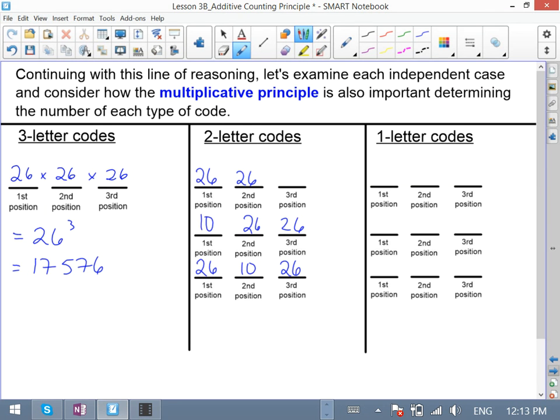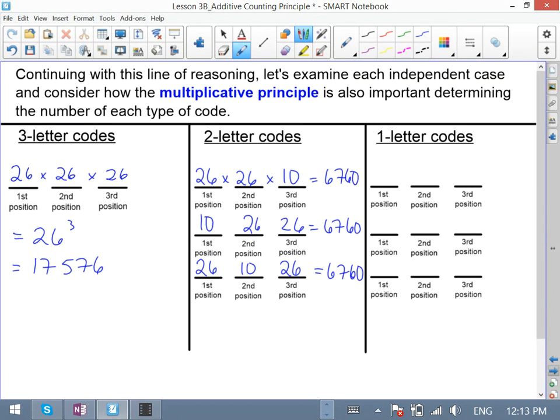So the number of codes with the pattern letter, letter, symbol would be 26 squared times 10, which gives us 6,760. And that same product is applied all the way through.